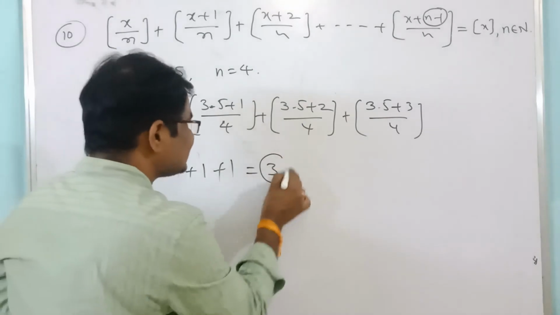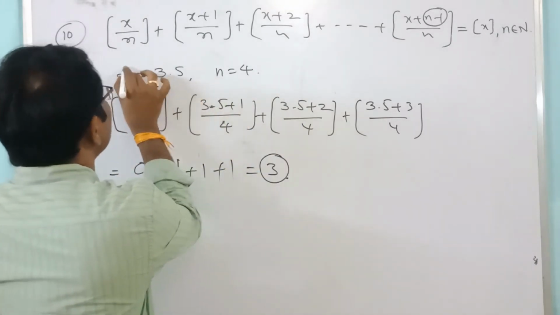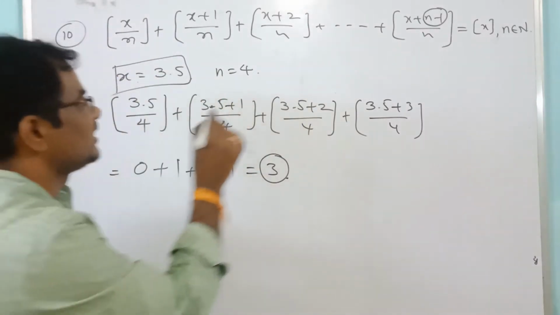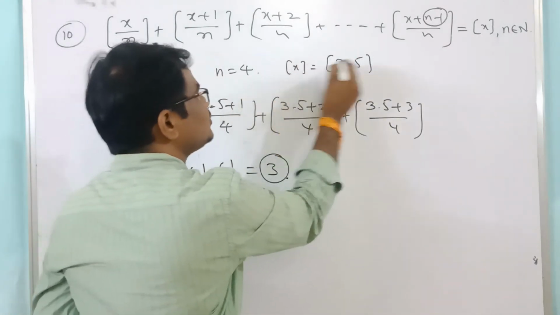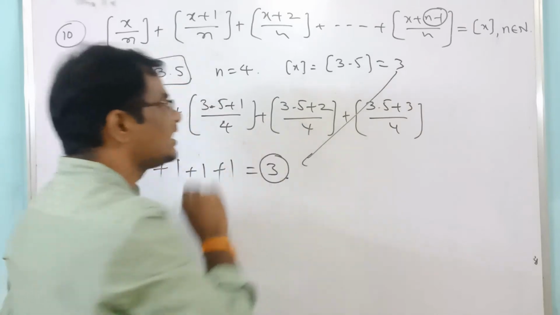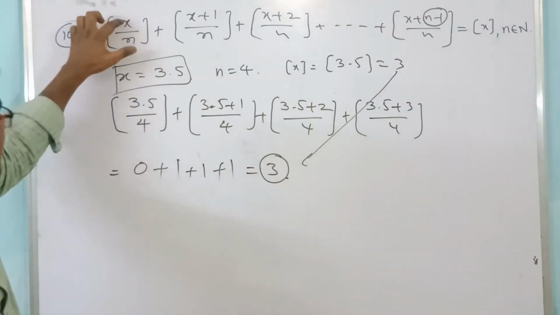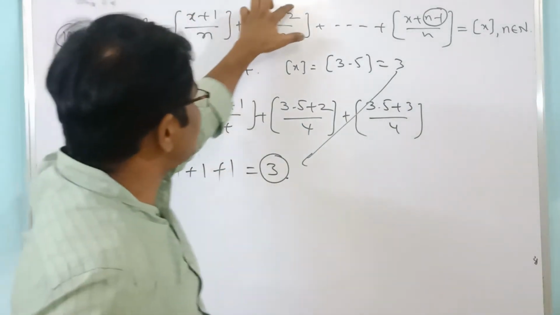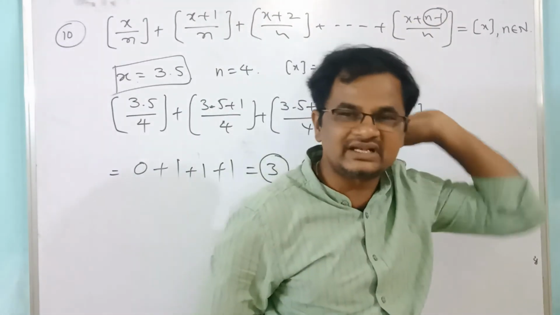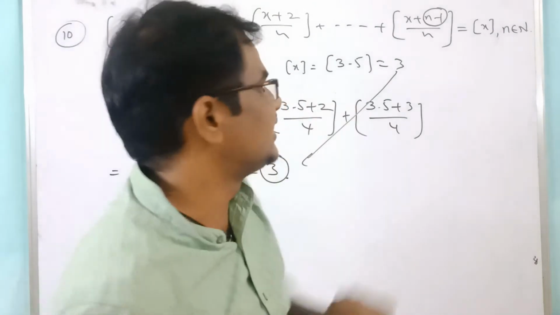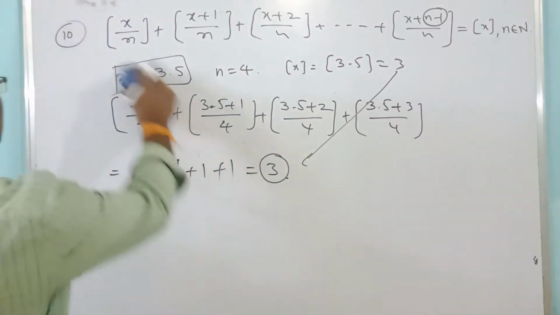So the answer is 3. Now what is the x value you have taken? 3.5. What is the floor of 3.5? Floor of x equals 3. Satisfied or not? So floor of x by n, x plus 1 by n, x plus 2 by n, etc., x plus n minus 1 by n, definitely you will get floor x, where n belongs to the natural numbers.